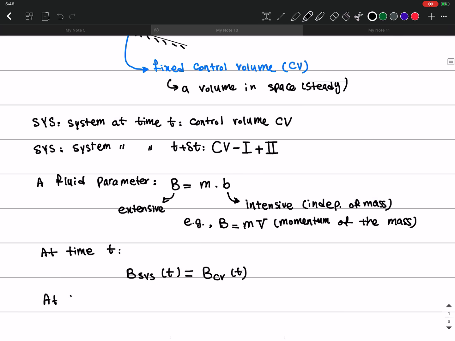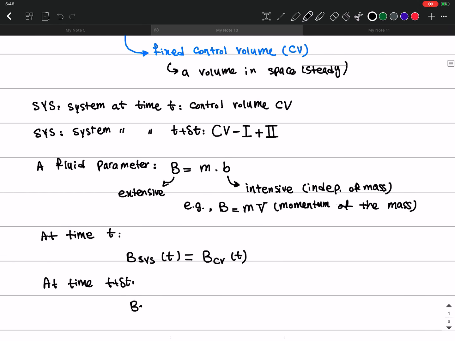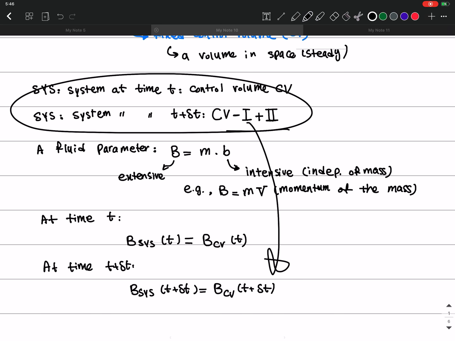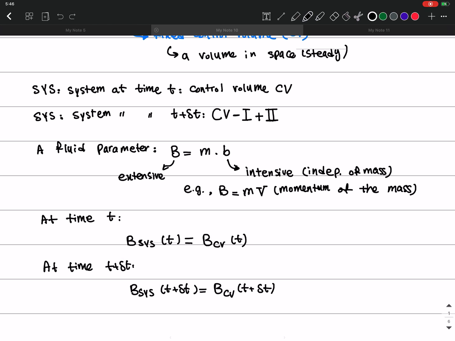And at time t plus delta t, B system at t plus delta t equals B_CV at t plus delta t, minus B of 1 at t plus delta t, plus B of 2 at t plus delta t, right? I just write these in terms of mathematical operations that I've defined, and also the definition of a fluid parameter.